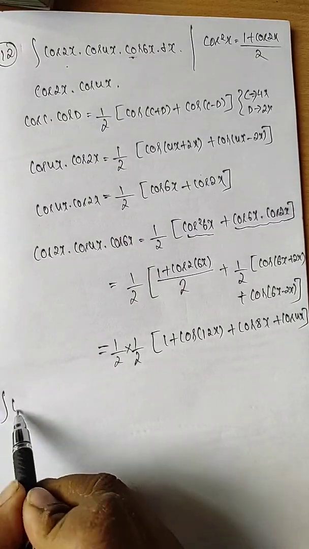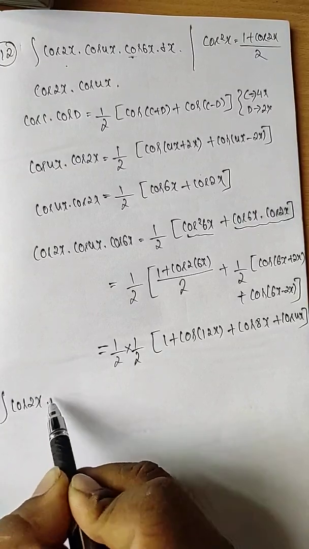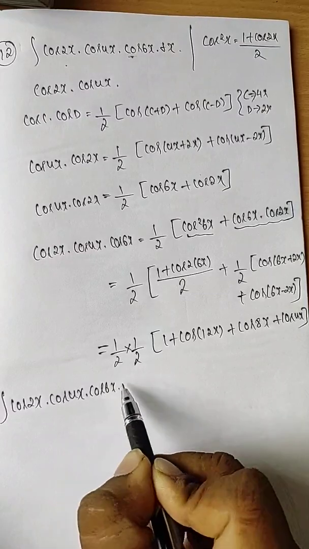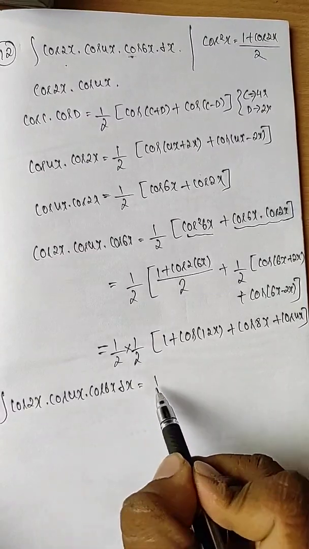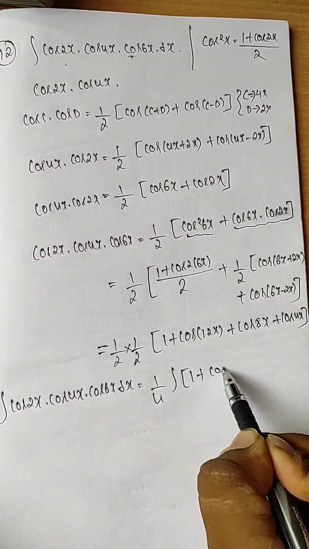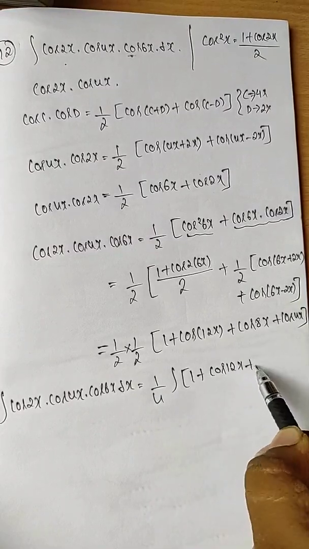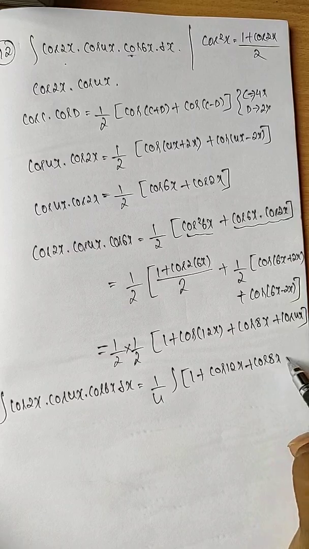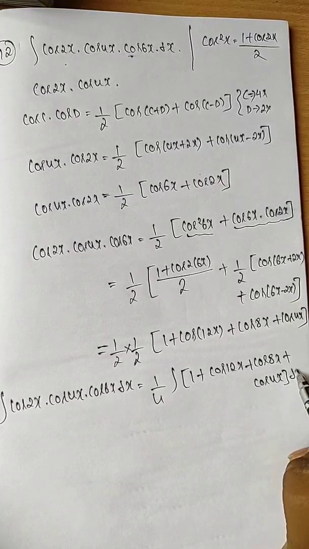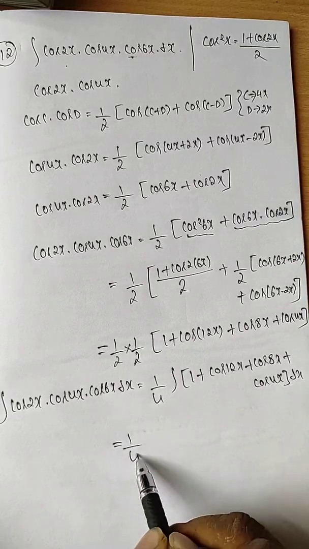Now 1 by 2 into 1 by 2 is 1 by 4. Integrate the term. The integration of cos 2x into cos 4x into cos 6x dx is equal to 1 by 4, a constant, times the integration of 1 plus cos 12x plus cos 8x plus cos 4x dx.